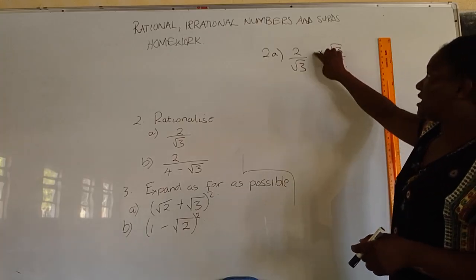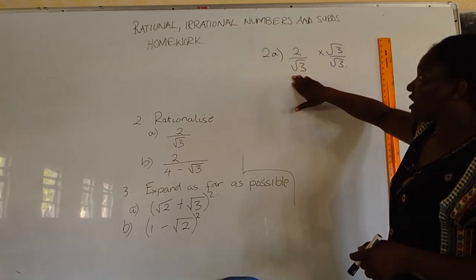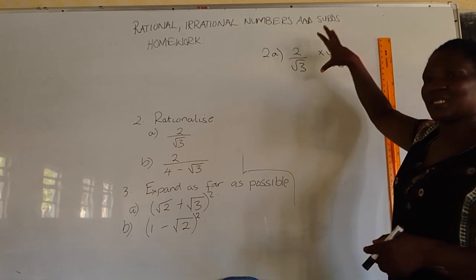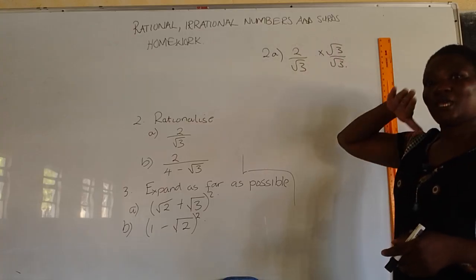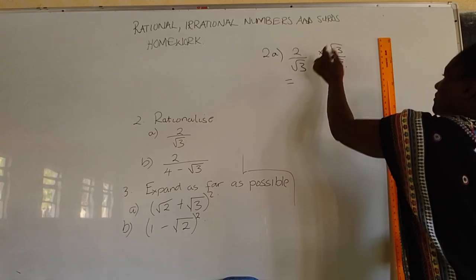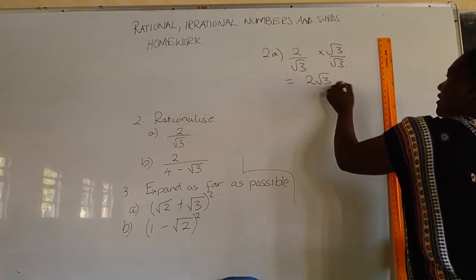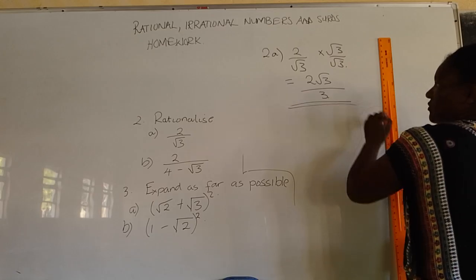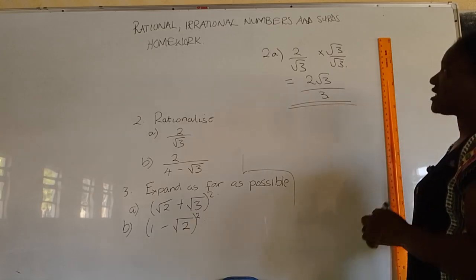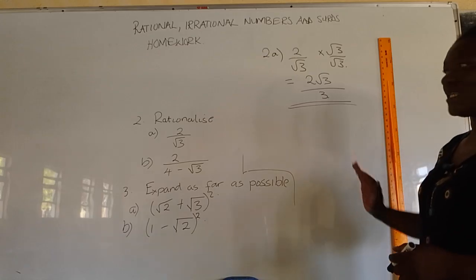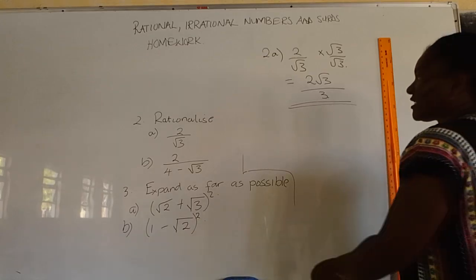We said to rationalize this, we are going to multiply by the denominator over denominator. It's just like we have multiplied by 1. So this becomes 2 times root 3 is 2 root 3 over root 3 times root 3 is 3. So it's now simplified. We have removed the root sign from the denominator. That's rationalizing. Right? Then part B.